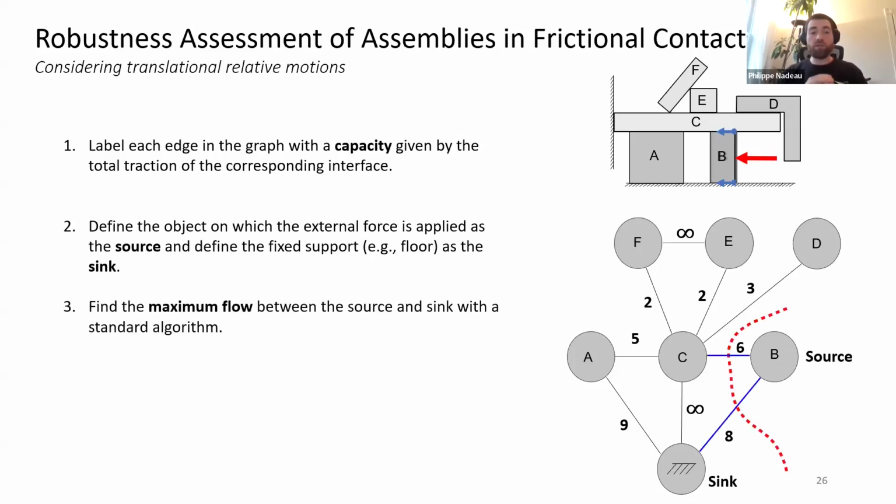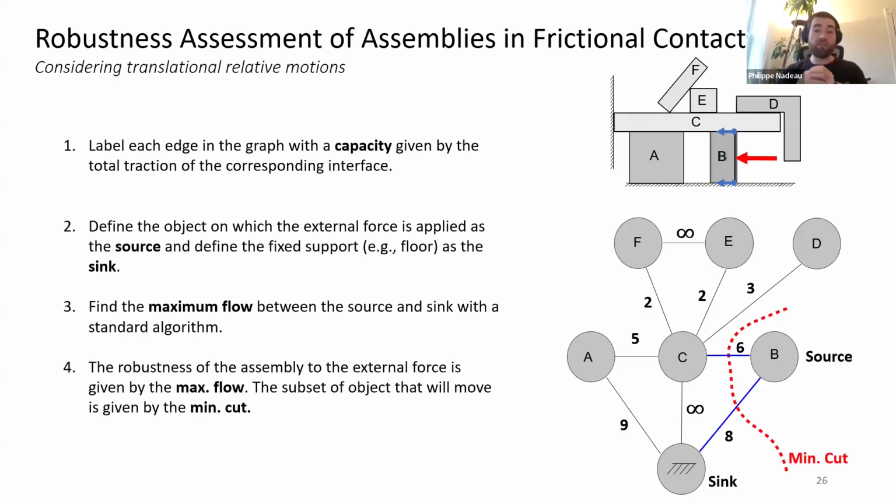With this structure, the assembly's robustness against slipping can be efficiently computed using a maximum flow algorithm. While the maximum flow determines the robustness of the assembly, the minimum cut that is obtained at the same time defines the subset of objects that will first slip.